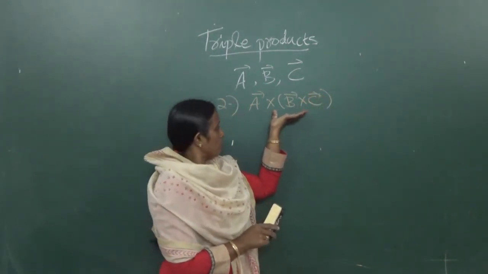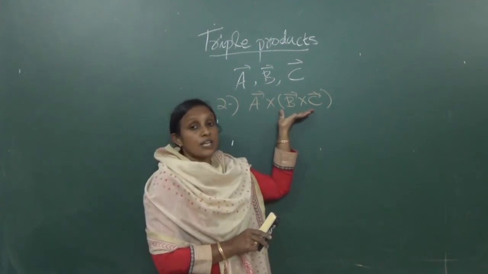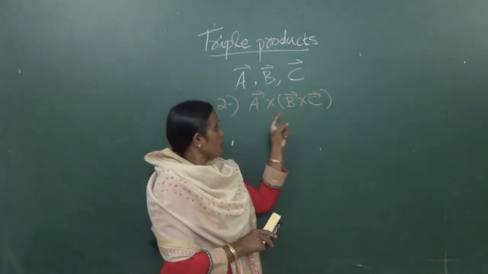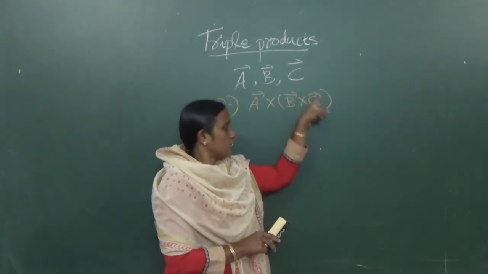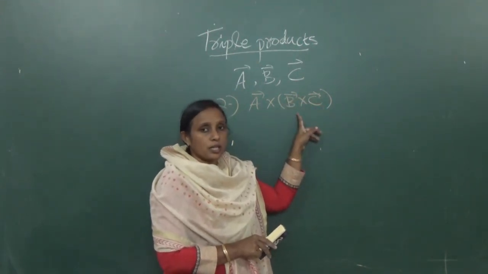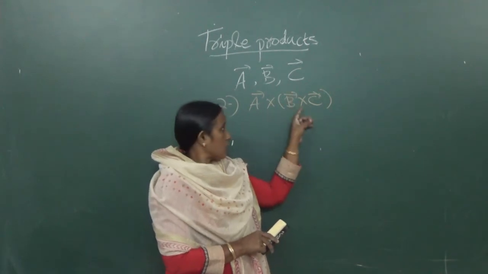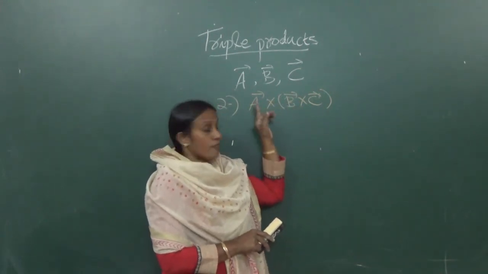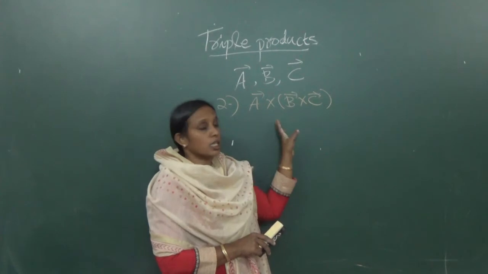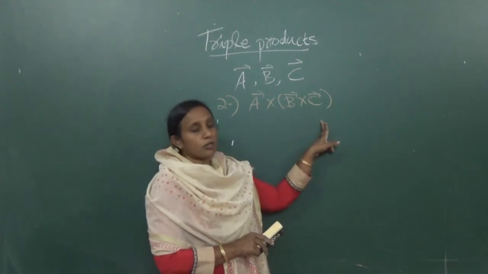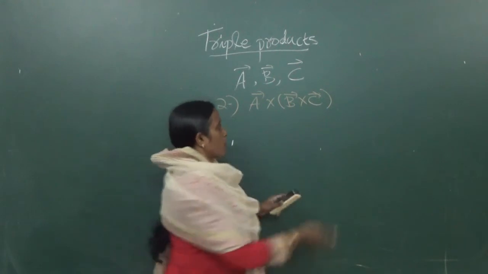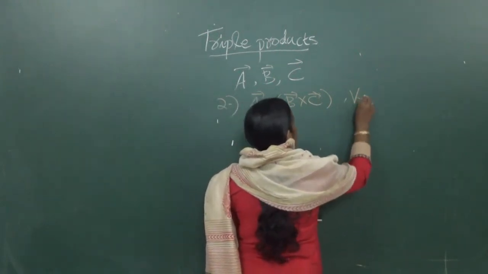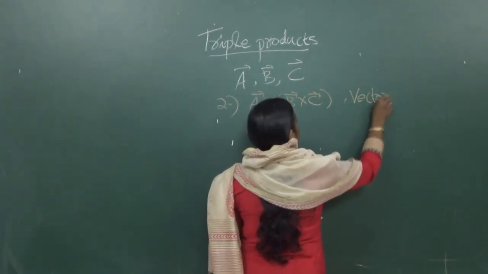This equation is called vector triple product because the resultant of B cross C is a vector, and then vector A is crossed with the resultant of B cross C. This represents a vector triple product.